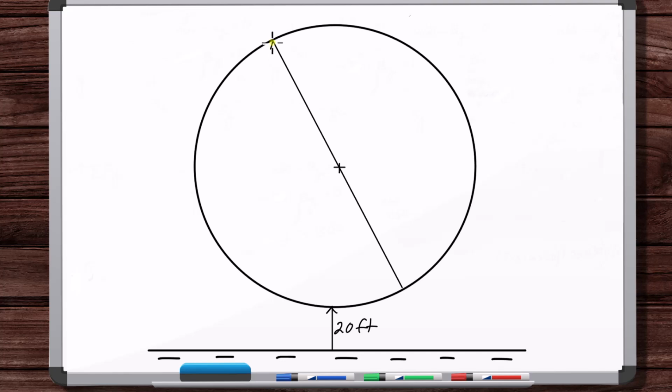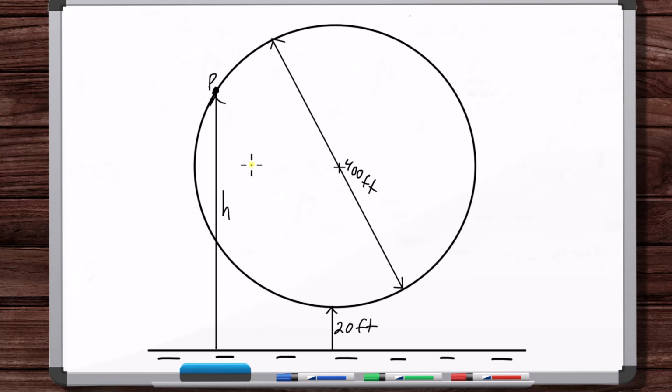And the diameter is 400 feet. And let's put here a bucket at some random position, and it has a height h and a corresponding p-value.